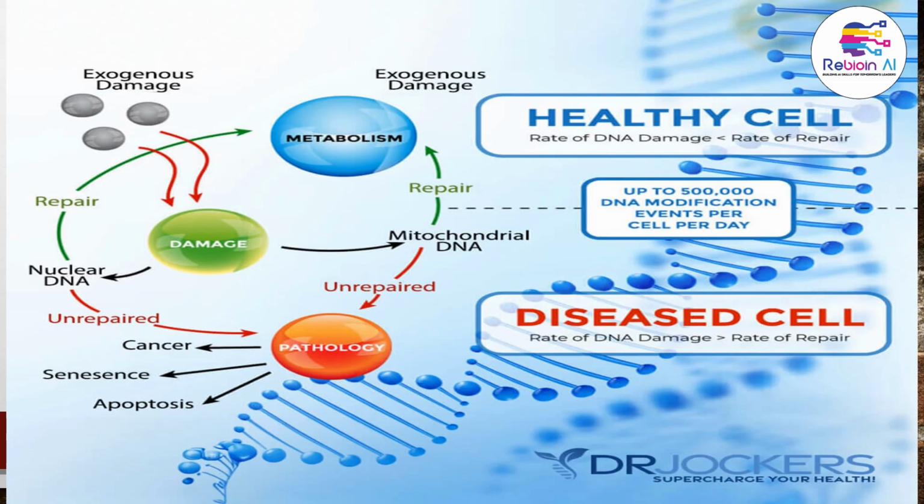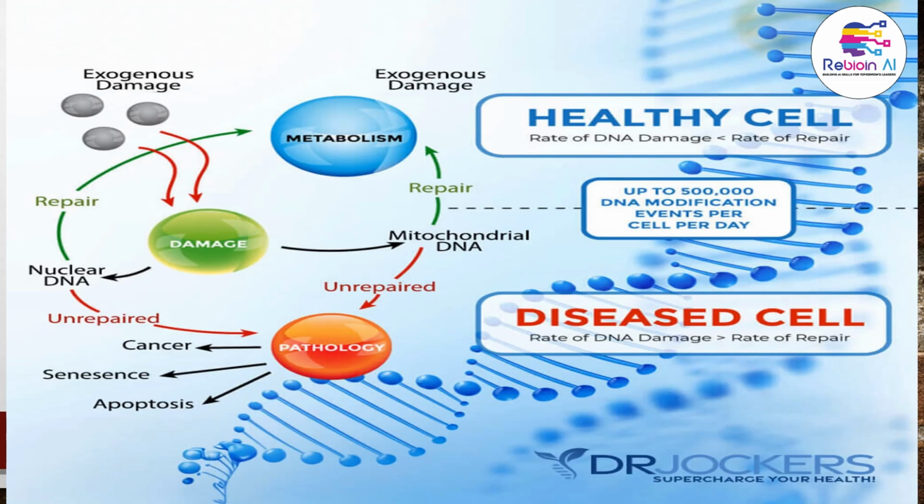At this stage, several outcomes are possible. The cell may undergo apoptosis, which is programmed cell death, or senescence, where the cells stop dividing permanently. If this protective mechanism fails, the damaged cells continue to divide uncontrollably and eventually develop into cancer.